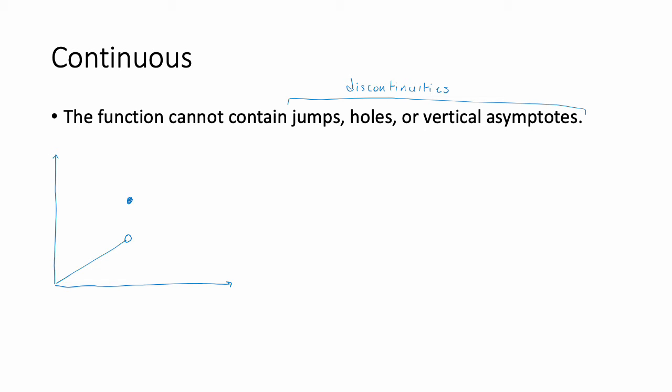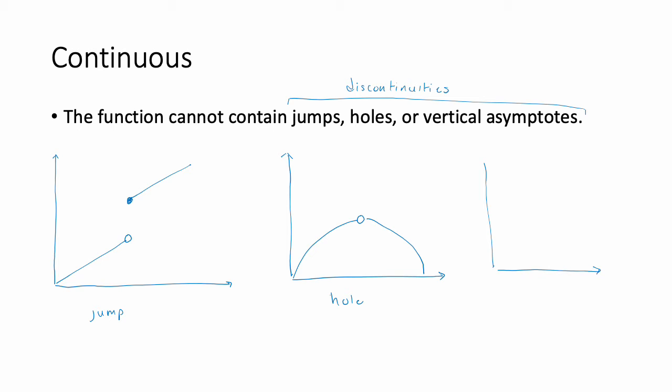So this is a jump. And then we have the hole. And then finally we have the vertical asymptote.